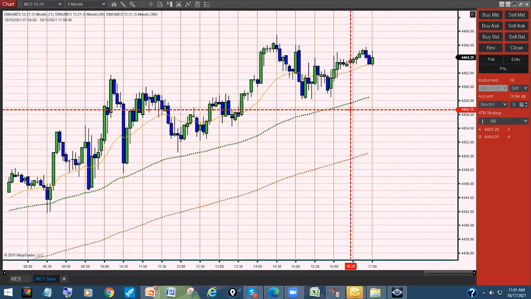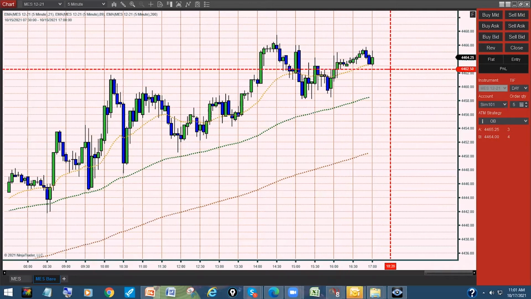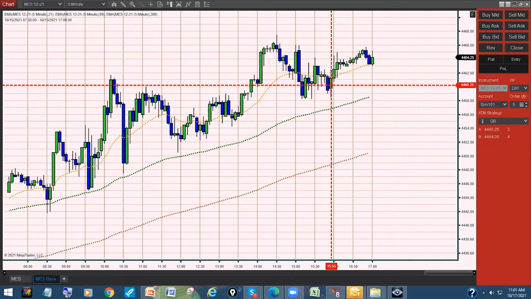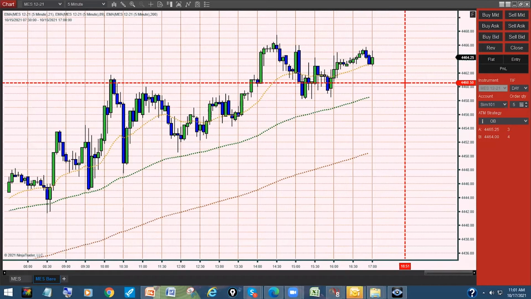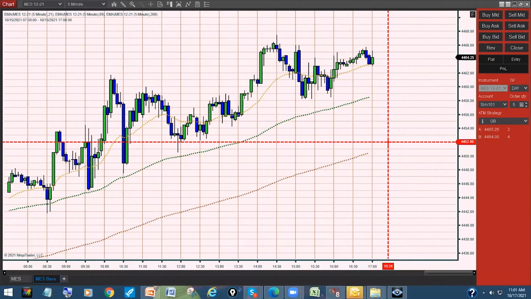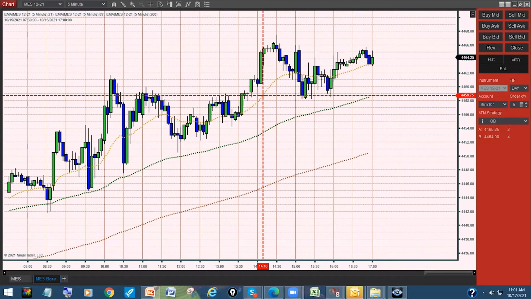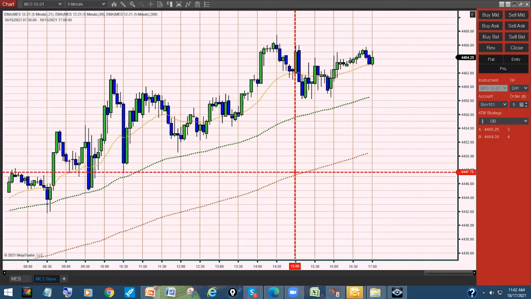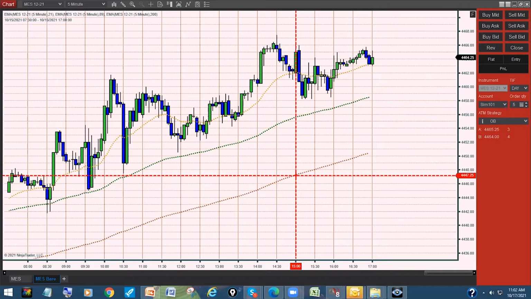Perfect. I'm going to start with a simple 5-minute chart on the MES. If it's different than yours, I've got green for candles going up, blue for candles going down. I have 3 EMAs on here, a 21 period EMA, 89 period EMA, and a 200 period EMA.